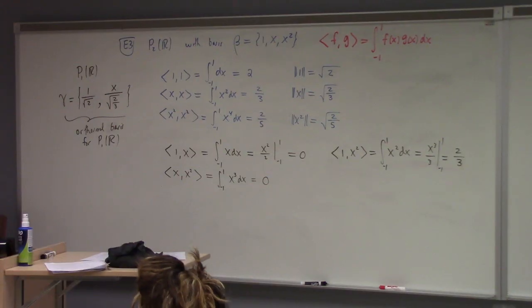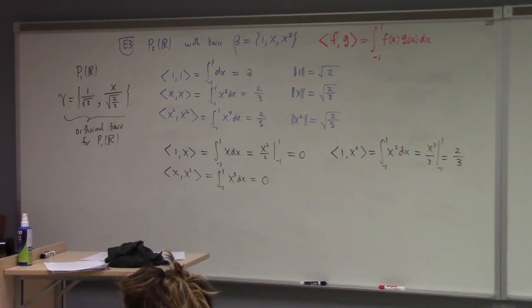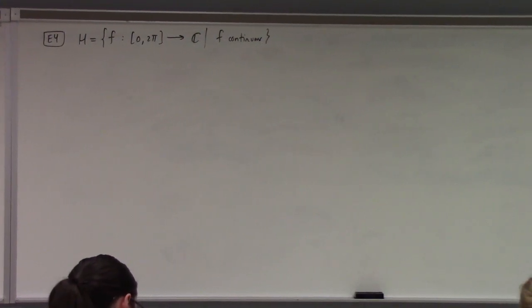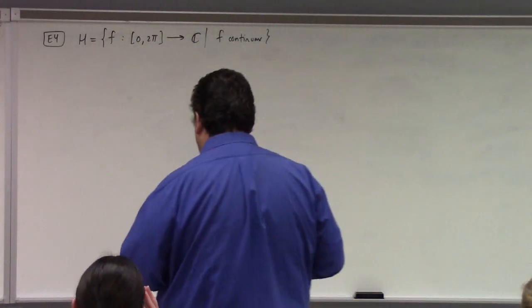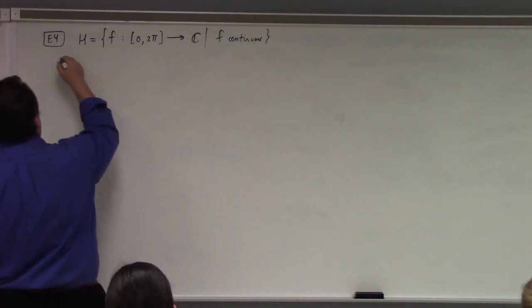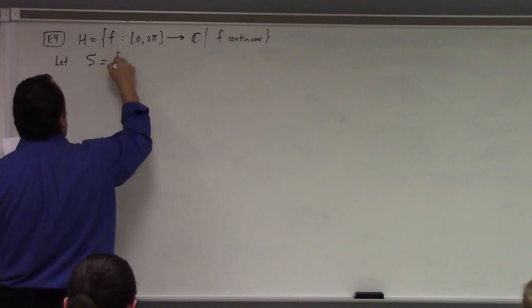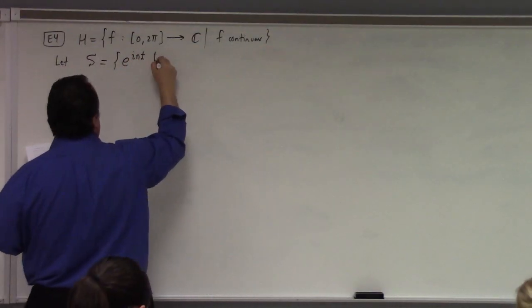So this was an example that we had last time, right? These set of complex valued continuous functions, remember? Well, I'm not going to talk about a basis here, but I'm going to let S be a set of things of the form e^(int), such that n is a natural number.